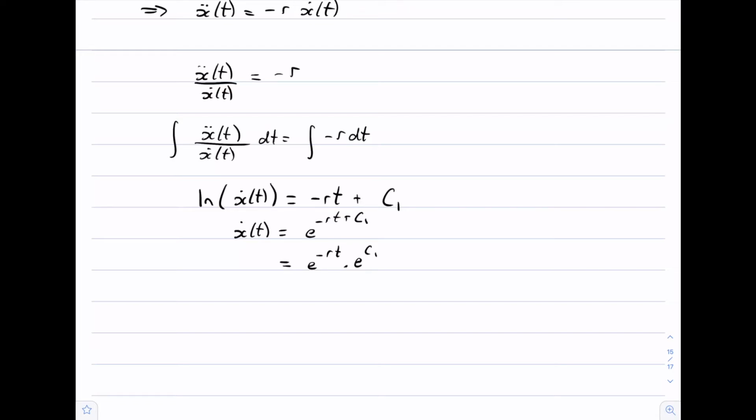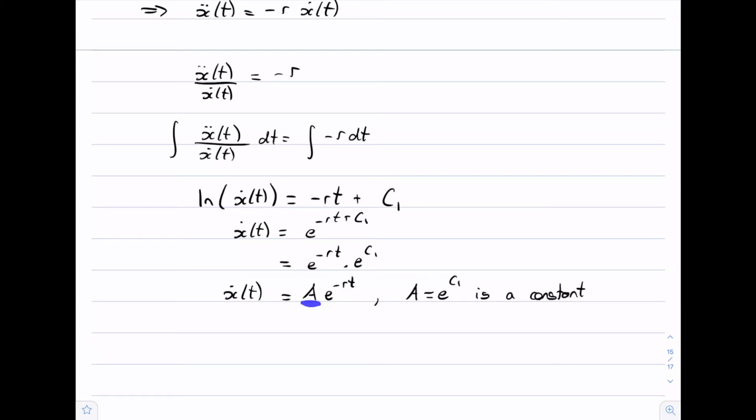But if c1 is a constant, well then e to the c1 is also a constant, and so I can just call that thing a. So I'm just going to call this a e to the minus rt, and I'll label here that a equals e to the c1 is a constant. I'll just write it on the side so that the reader knows what's going on here. So I've got x dot t equals a times e to the minus rt.